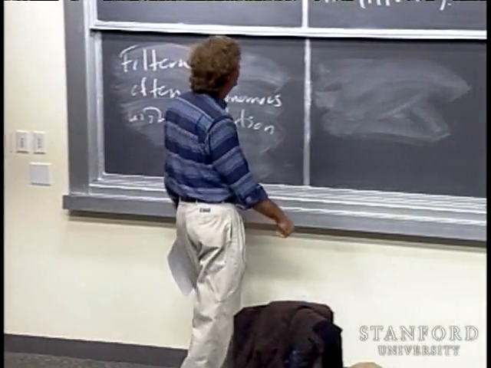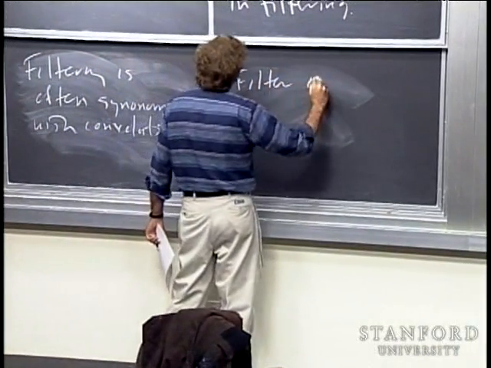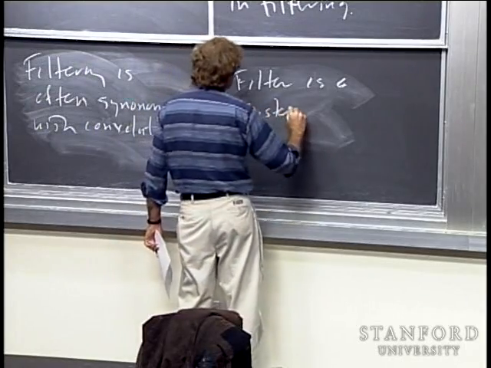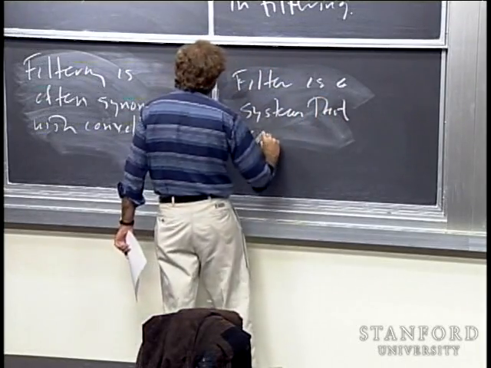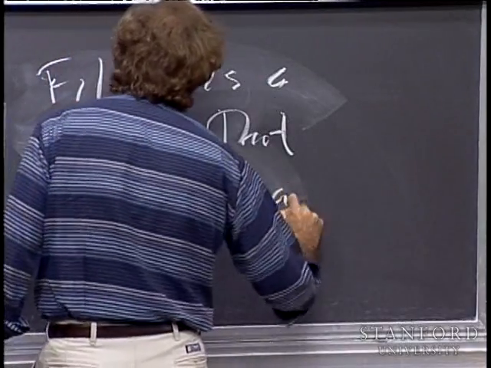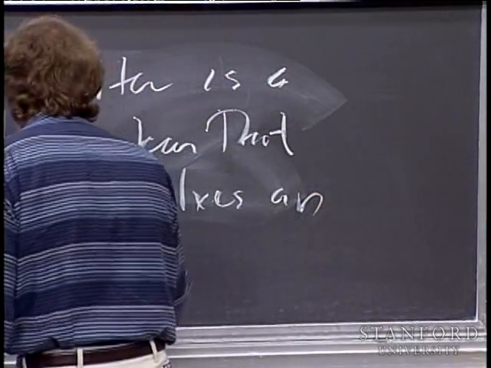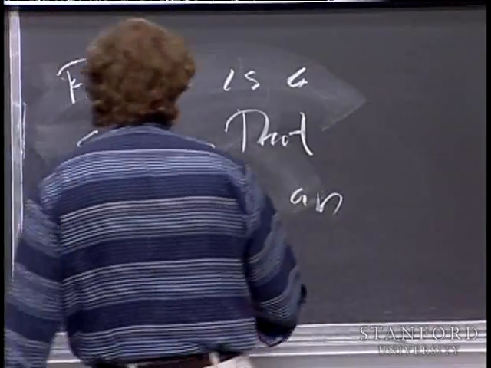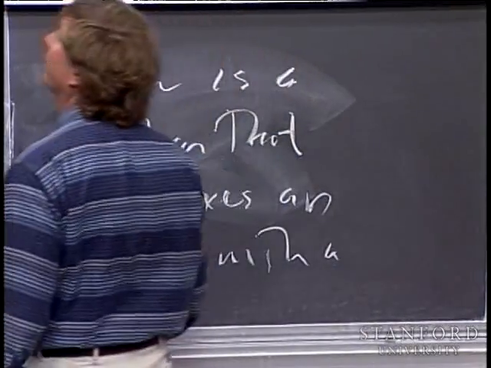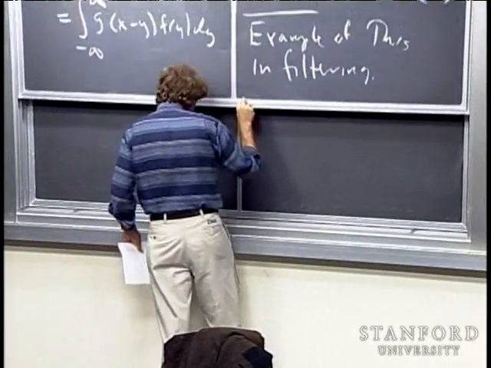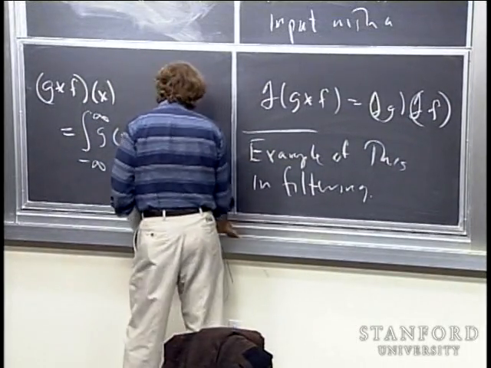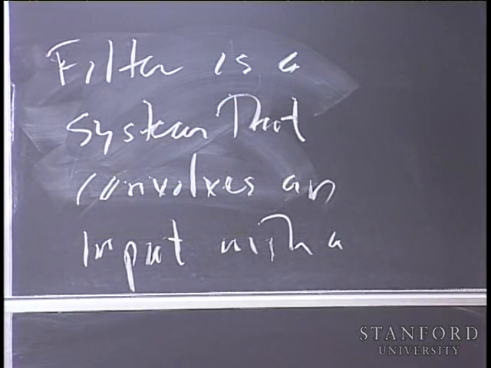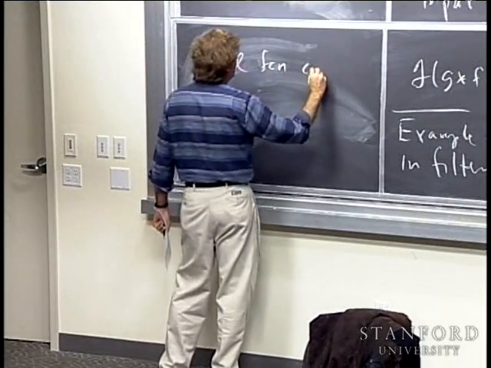So you imagine a system that convolves an input, which can vary, one input, another input, another input, with a fixed function or fixed signal, and the fixed signal is called the impulse response.